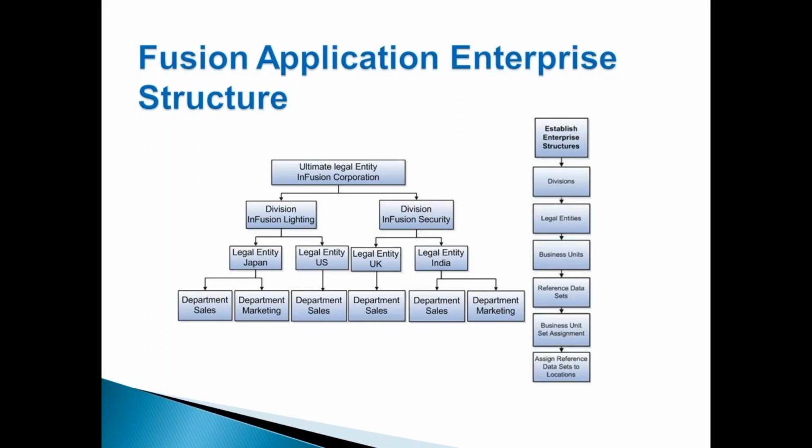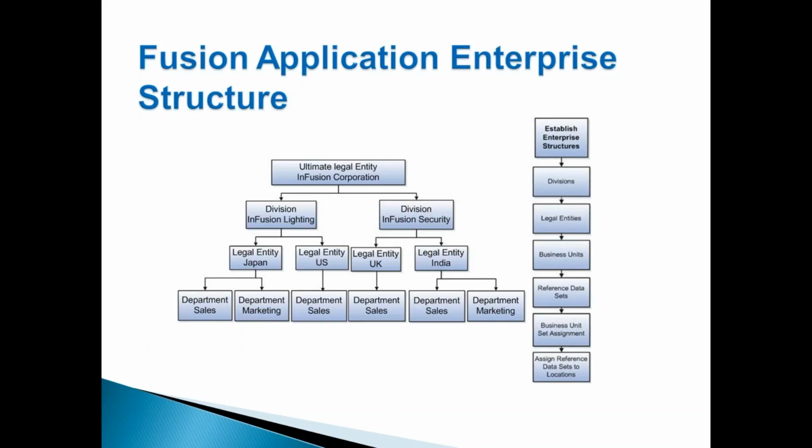You all are well aware of Tata Consultancy Services, Tata Automobiles, Tata Chemicals. If you look at it from that perspective, your establishment and the enterprise structure is the Tata Group. Under the Tata Group, we would have divisions called Tata Chemicals, Tata Automobiles.